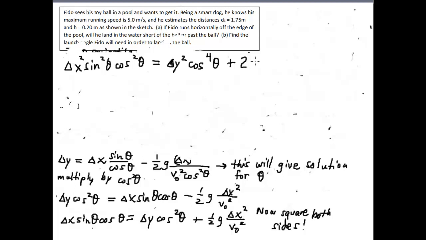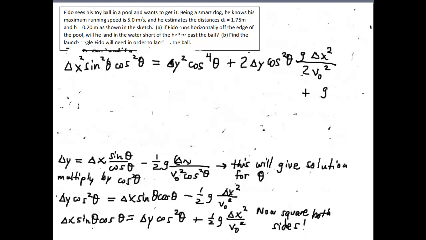So 2 delta y times cos squared theta times g delta x squared over 2 v0 squared, like that. So I multiplied these two terms together and then multiplied by 2, and then the final term, right, plus, now it's the last term squared.